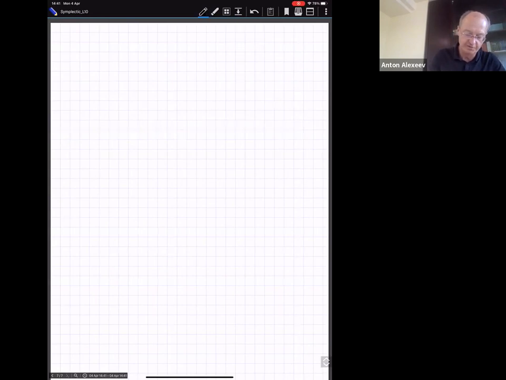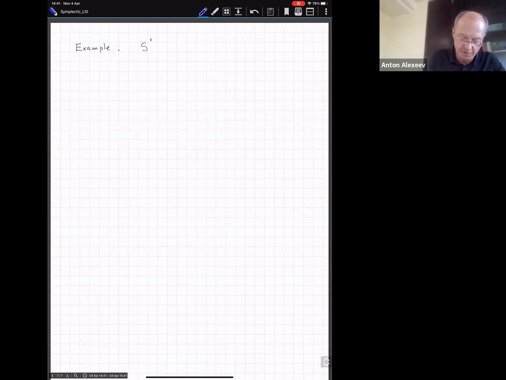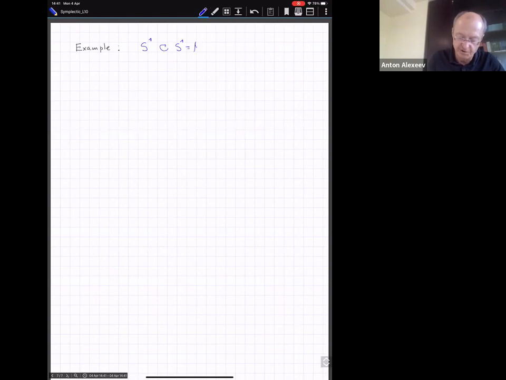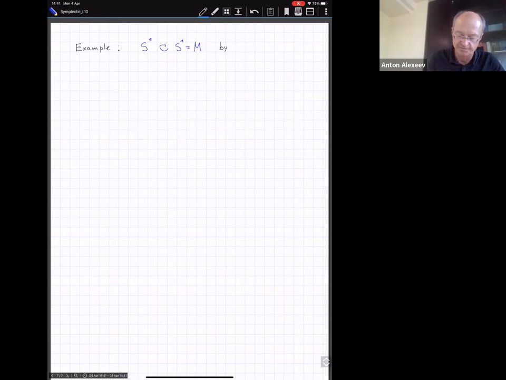The example is very, very simple. So we look at S1 acting on itself by translations. So this is M, and this is the action by translations.